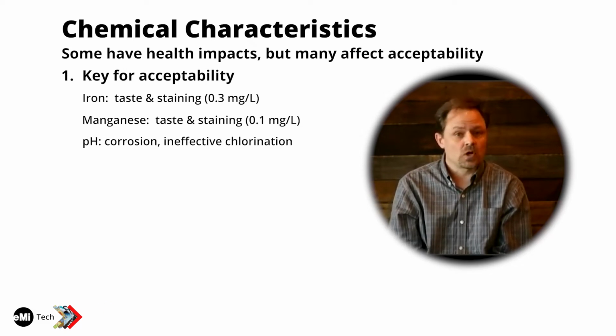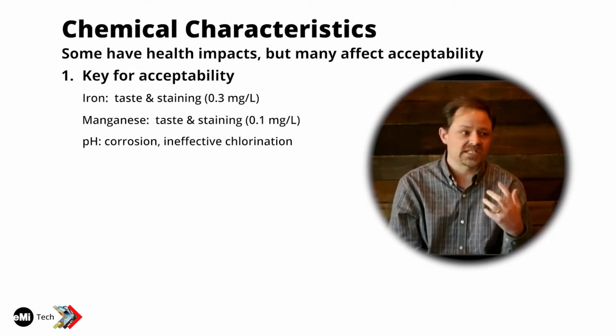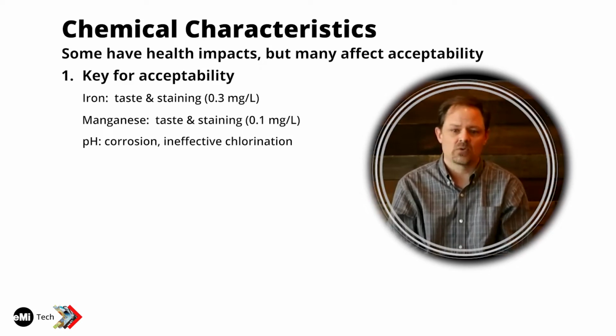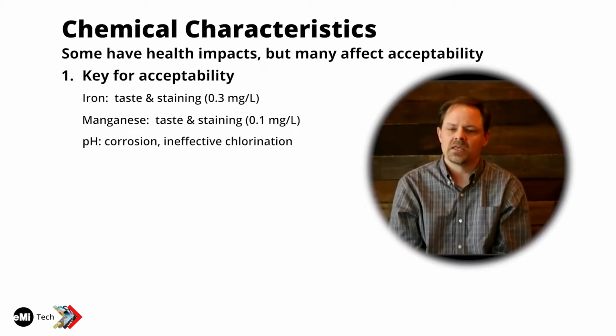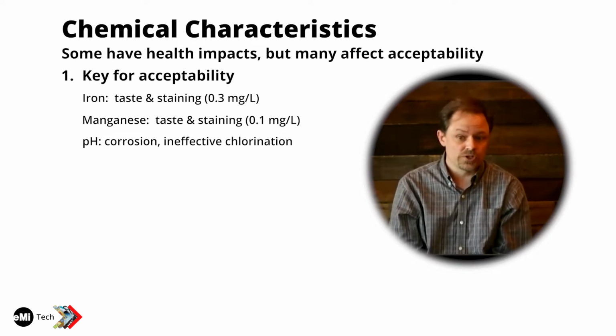The pH of the water, of course, affects whether it's acidic or basic, so how reactive it's likely to be. If you're far away from neutral conditions, it can lead to corrosion. Also, if you have high pHs above 8, it can reduce the effectiveness of chlorine disinfection.